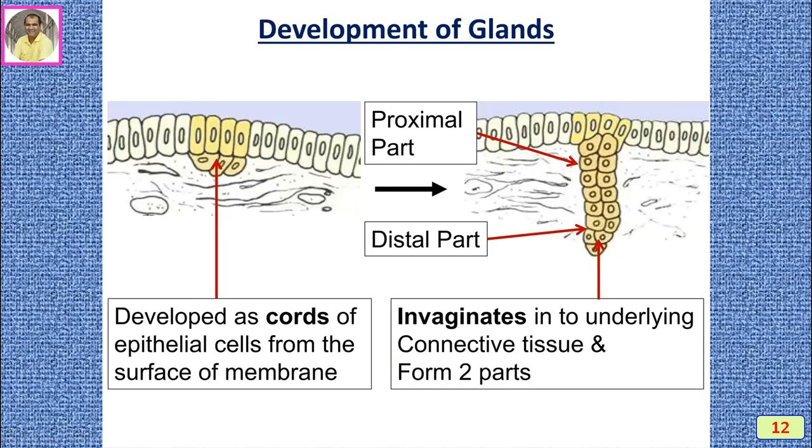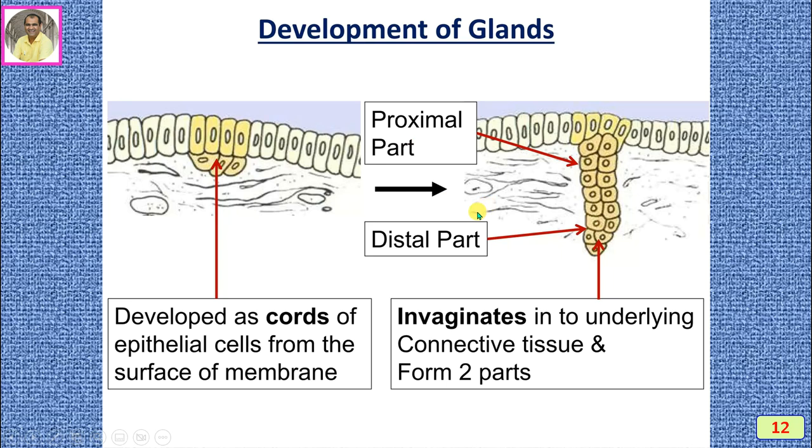The development of glands is by cords of epithelial cells from the surface of a membrane, and this is the proximal part and distal part of a gland. It invaginates into the underlying connective tissue and forms two parts, the proximal part and the distal part of a gland.